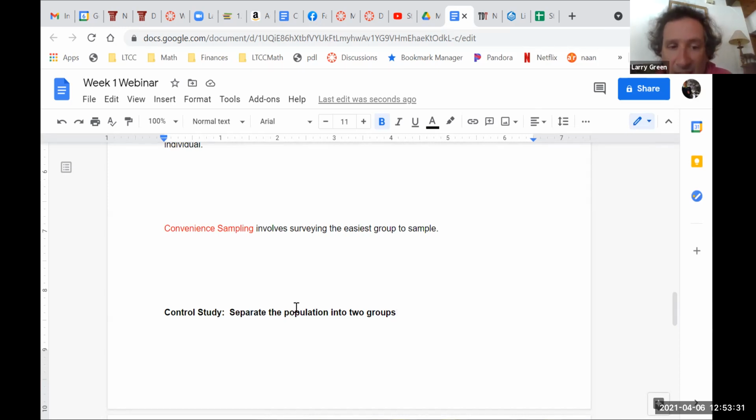And a random blind control study, you do it randomly, and even the person giving the shot doesn't know whether it's got it or it doesn't have it. It's got some liquid in it, and they don't know what the liquid is. Only the researcher knows. Into two groups: the control group and the treatment group.